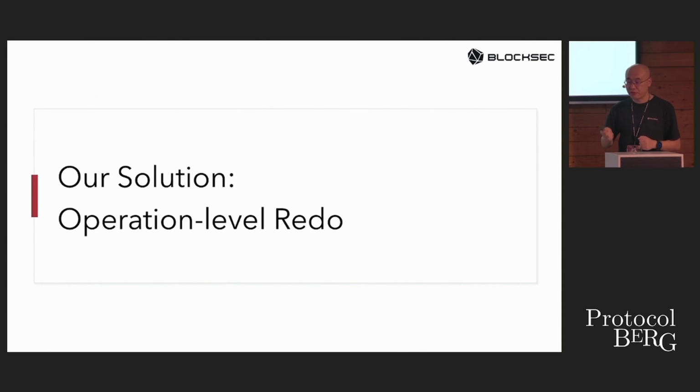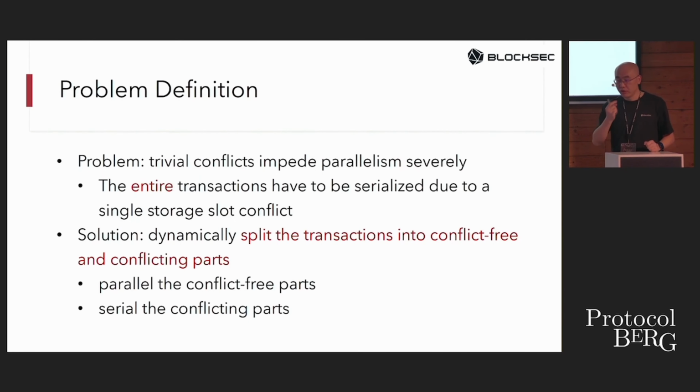So how can we solve this problem? We propose a new algorithm which does not re-execute the whole transaction, but only re-executes part of the operations inside the transaction to get a better speedup. What's the problem of the traditional parallelism algorithm?